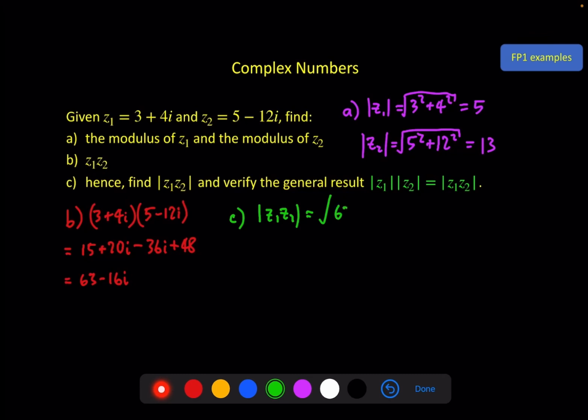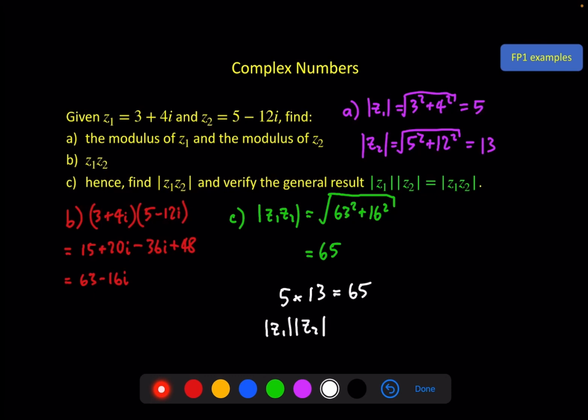Which is the square root of 63 squared plus 16 squared. Putting it on my calculator, I get 65. And the very last step to verify the result is to state quite clearly that 5 times 13 equals 65. So we have not proven it, but we have verified that in this case this result is true.